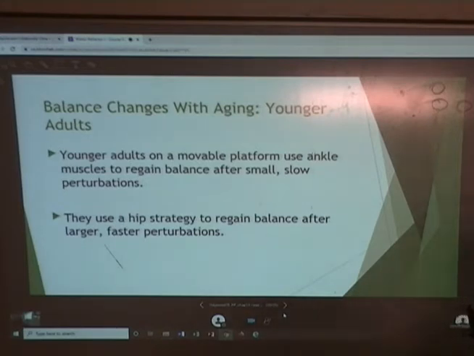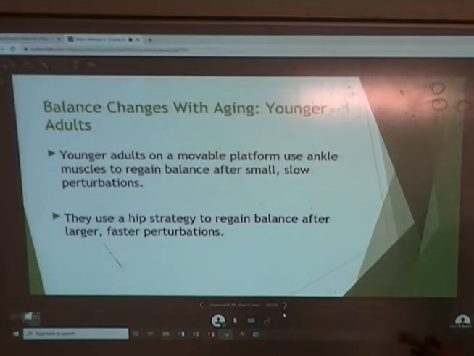What they found is with younger adults your age and older than you, but young adults, if you stand them on the force platform and you move the force platform quite slowly, they sway, but where the muscle contraction is going to keep them on balance is in their ankles. So I just stand and sway.